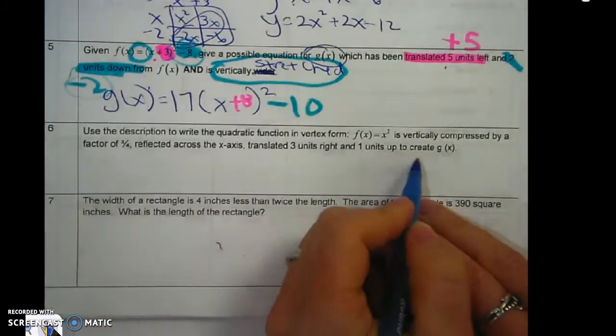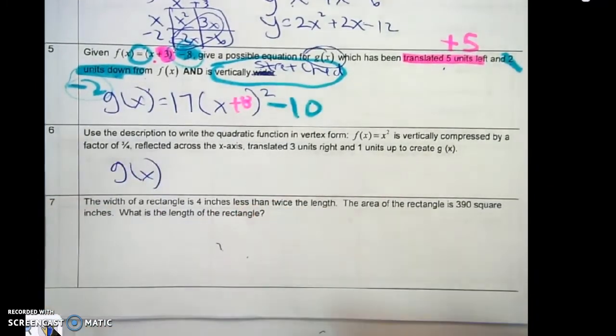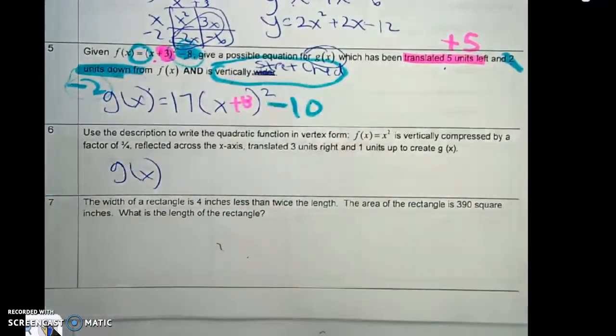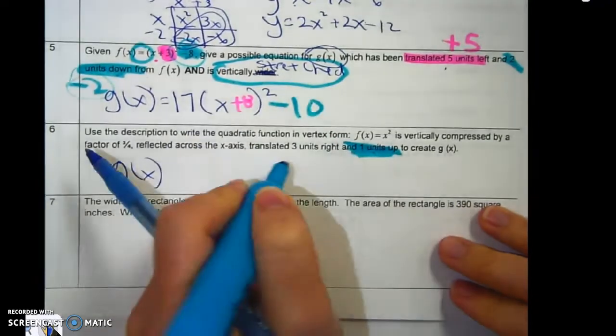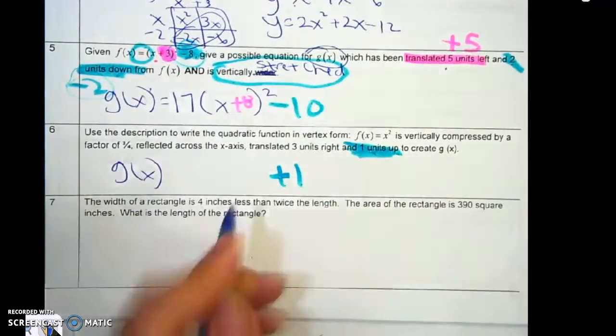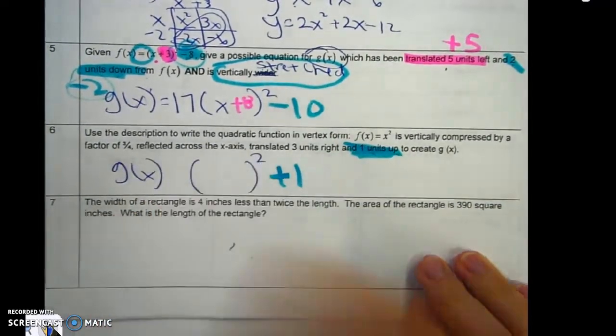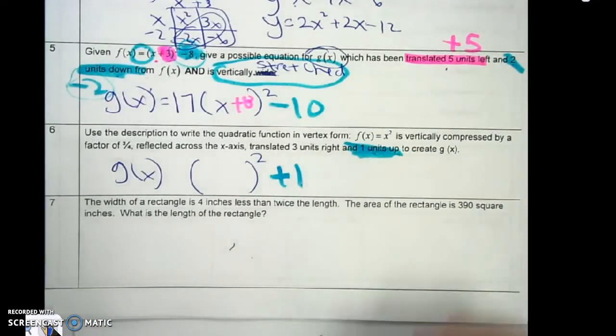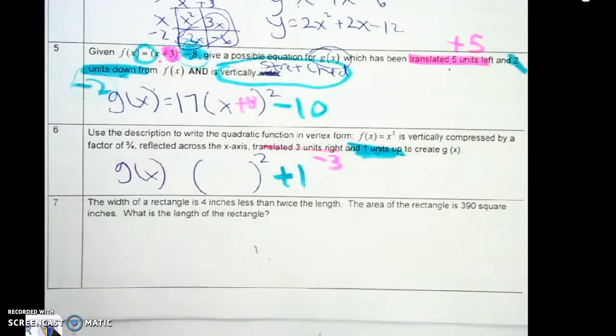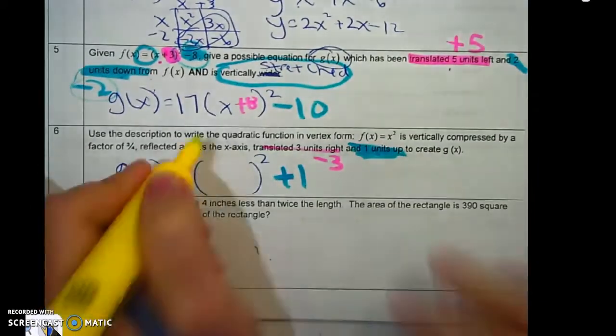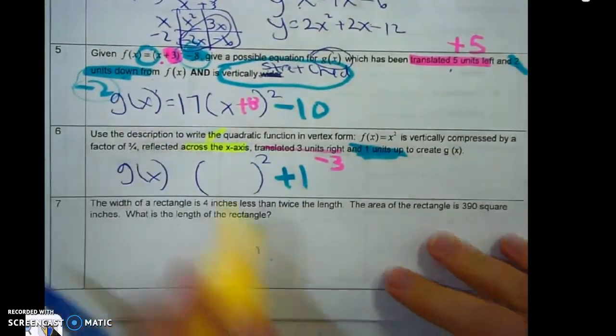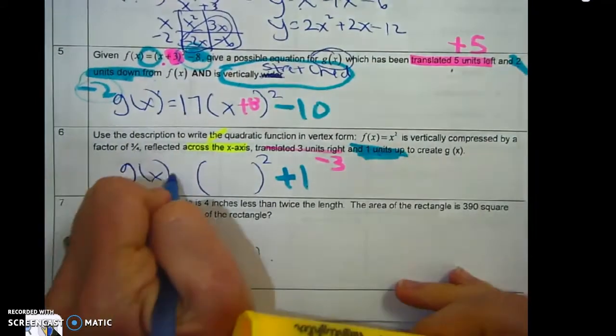Use description to write this, g of x. All right, up 1. So I know there's going to be a +1 at the way end. Translating 3 to the right. Right really means left. Reflecting across the x, which is a negative, but it means it's going to be with the y.